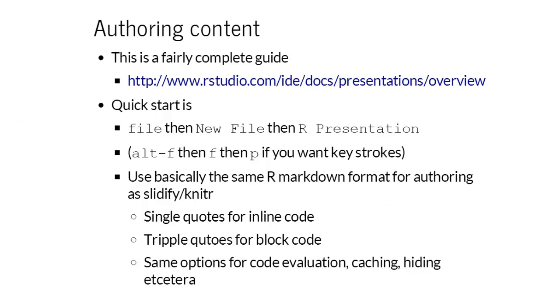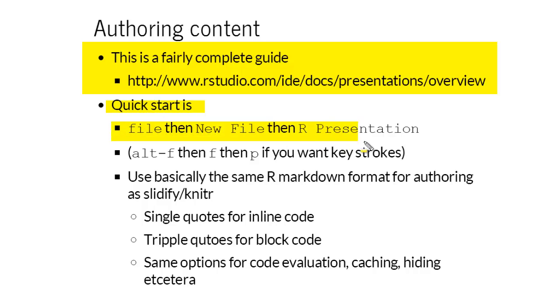So the guide that you probably want to follow is on this link right here. Go to that guide. It's very good. Most of this content is just taken from that link, and I created this presentation in RStudio Presenter so you can get a sense of what it looks like. The quick start is just you do File, then New File, then R Presentation.